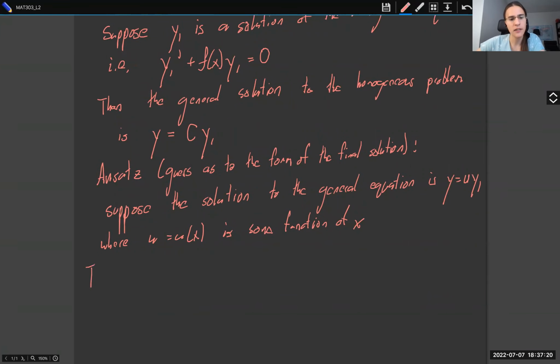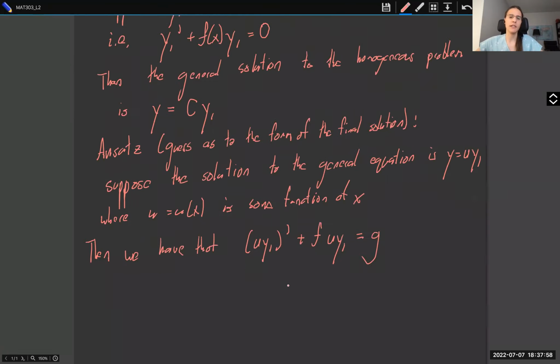Then if y is a solution to the general equation, in other words, with g, we have, so we start off with u y1 prime, plus f times u times y1, is equal to g, right?